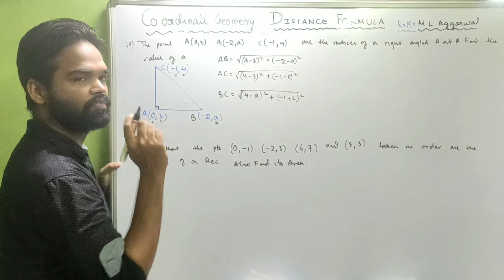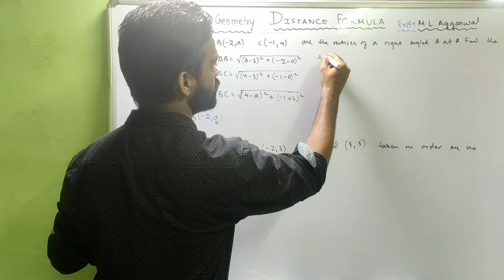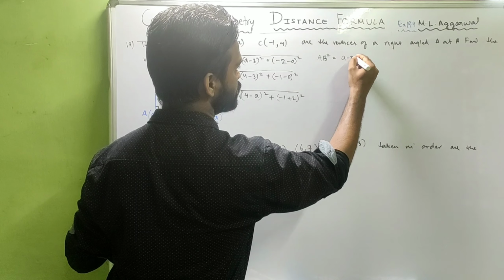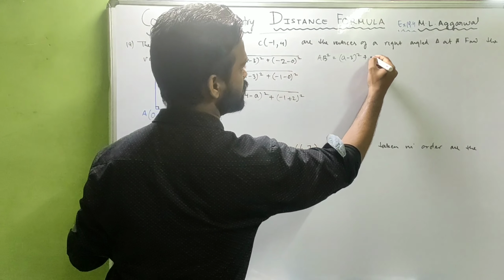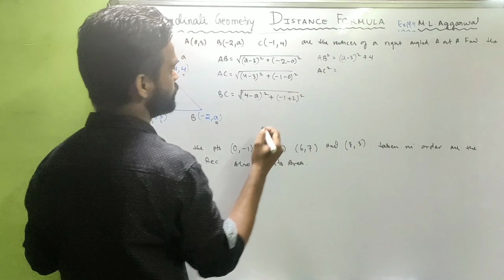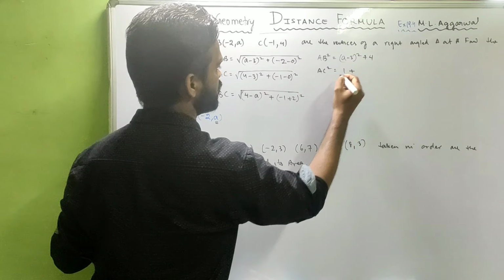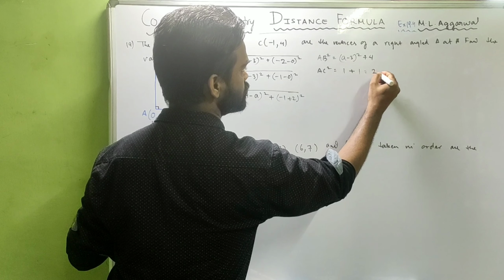Now find the square of all these, because Pythagorean theorem. So AB square, look carefully, will be (a minus 3) whole square plus (minus 2) whole square, which is 4 actually. Similarly, AC square will be (4 minus 3) whole square, that's 1, plus (minus 1) square again, that's 1, that's 2.